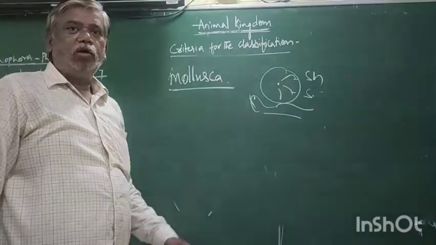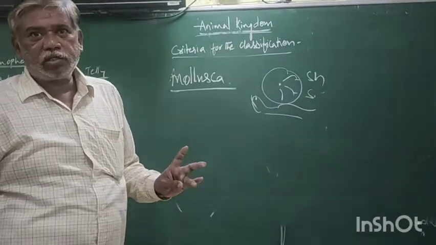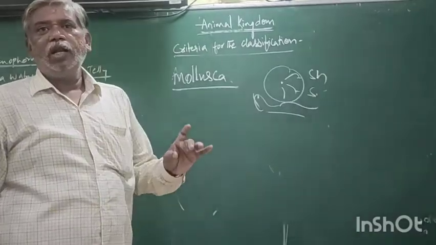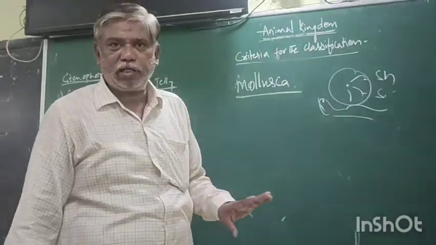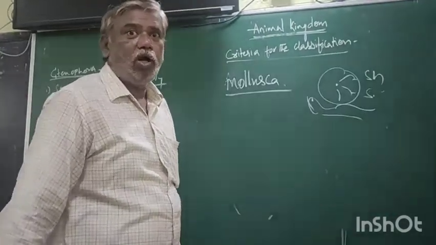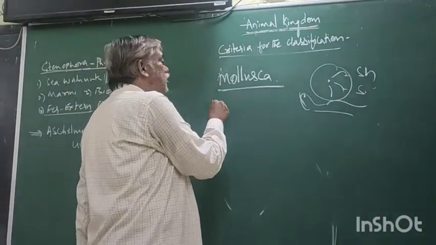Body cavity, coelom. Generally, it's triploblastic. Level of organization, organ system. Symmetry, bilateral symmetry. These are non-segmented, unsegmented.